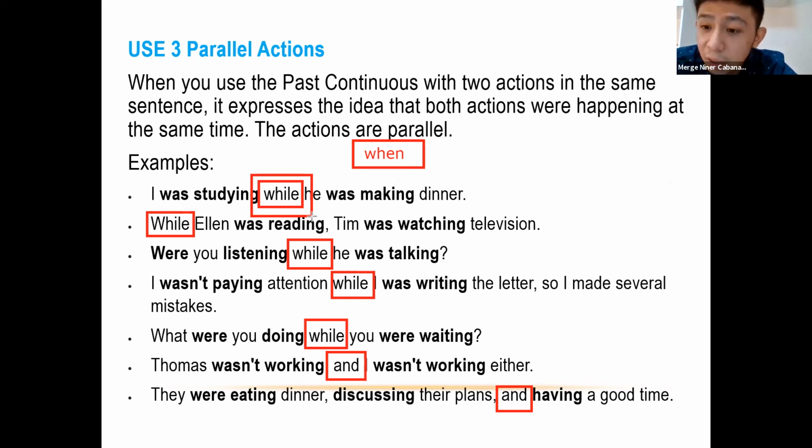While, in Tagalog, habang. While I was studying, he was making dinner. Habang ako ay nag-aaral, siya naman ay gumagawa ng hapunan. While Ellen was reading, Tim was watching television. So, two activities being done by two different people simultaneously. Sabay. All right? That is your parallel actions.